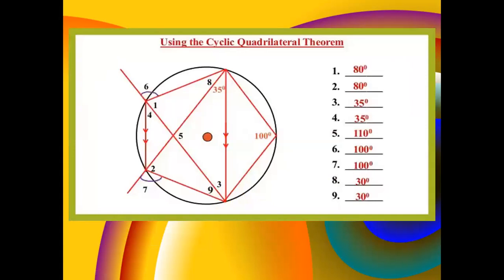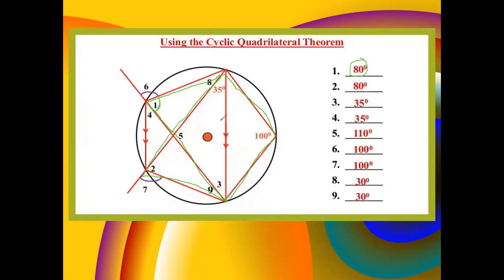Consider these angles. Number 1 here is 80 degrees. Take note, this is one cyclic quadrilateral inside, and we have also another cyclic quadrilateral, this one. So there are 2. Why is it that number 1 equals 80 degrees?